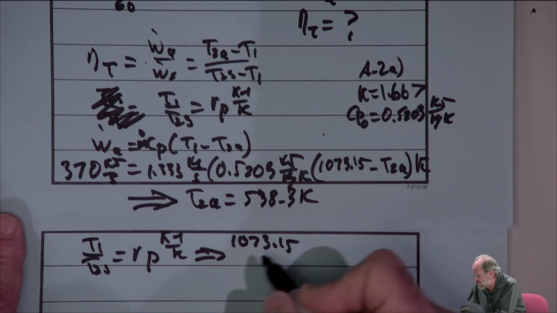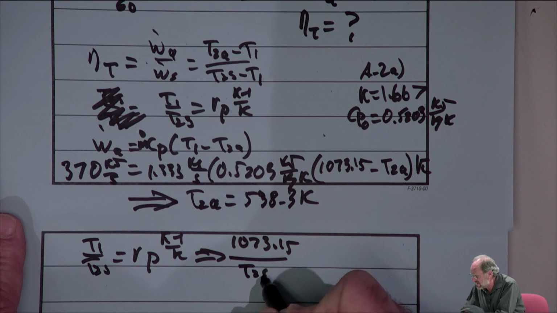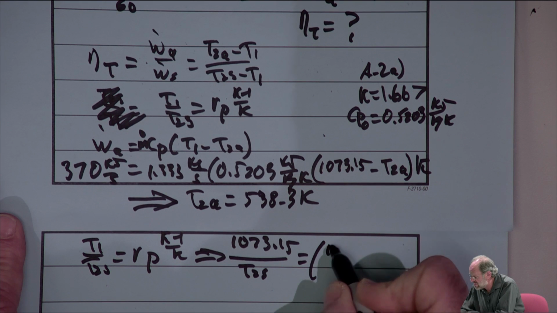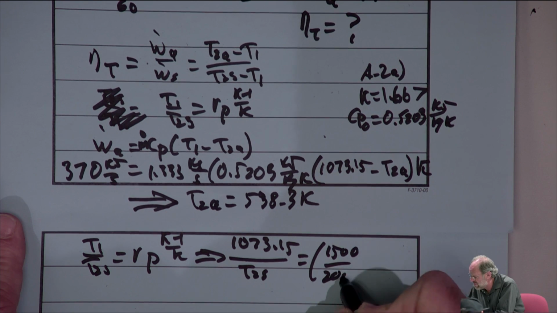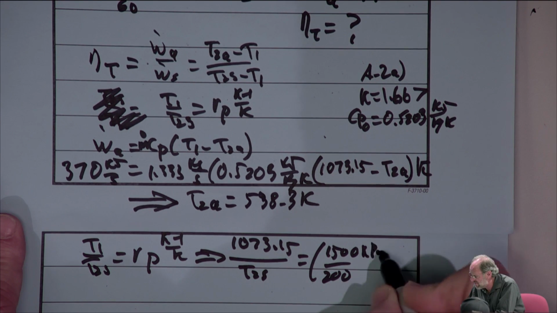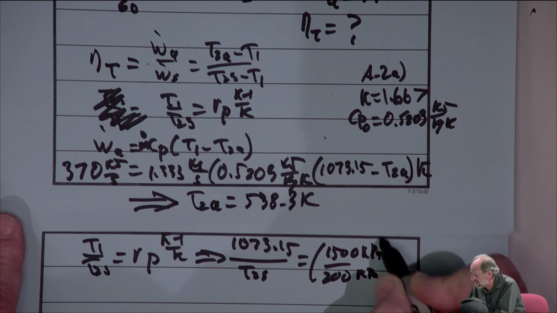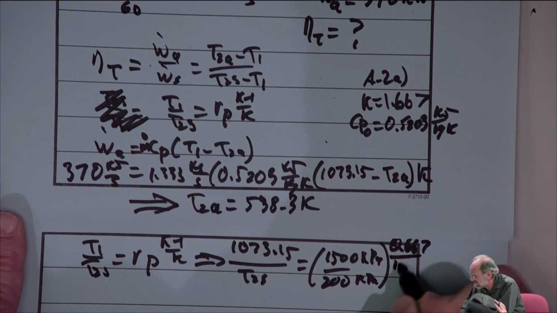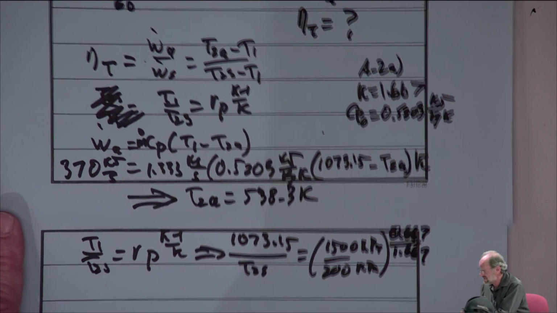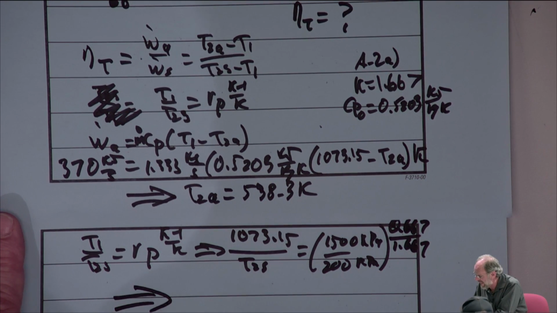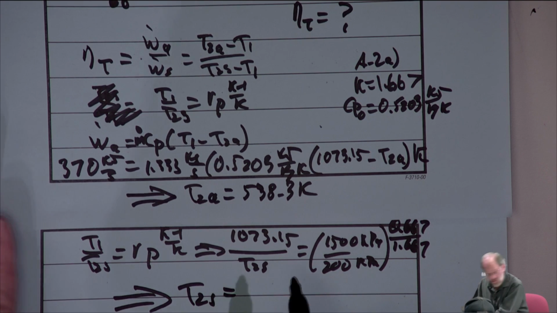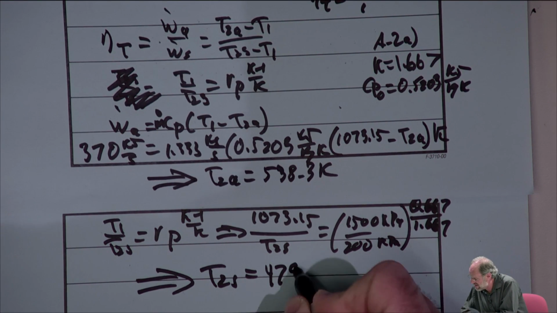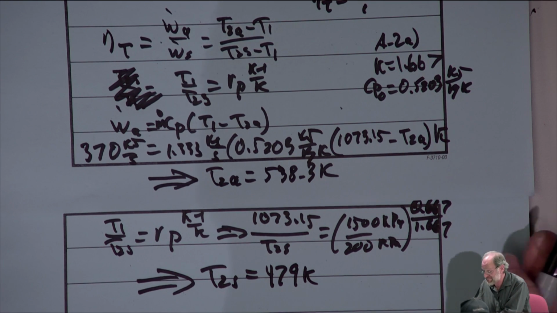So 1073.15 over the unknown T2S equals the pressure ratio, which is 1500 over 200. These both have to be in the same unit, so I'll convert to kilopascals. And then K minus 1 is 0.667 over 1.667. So there's my exponent. And we solve this one for T2S, and we end up with 479 Kelvin.